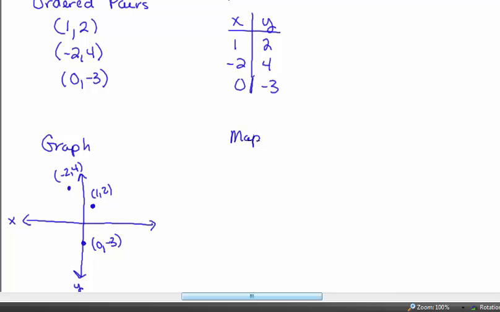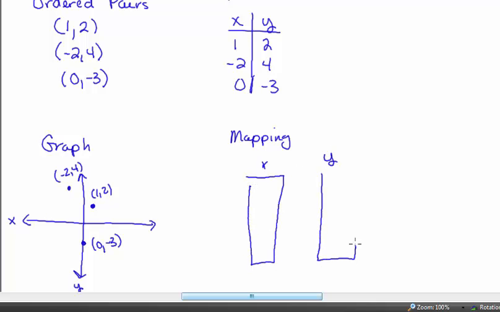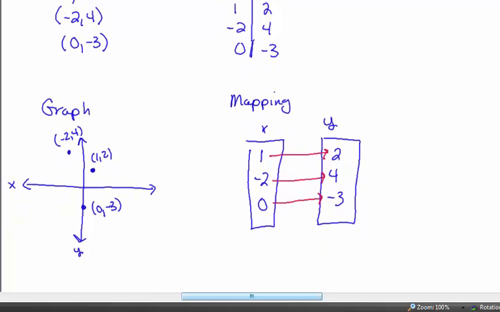And then I can do a mapping, which we've already kind of done, but let's do it again. We have a box for my x's and a box for my y's. I have a 1, a -2, and a 0, a 2, a 4, and a -3. And then I draw arrows to show the relationship. All 4 of these show the same relationship. It's just a matter of how we're pictorially representing them.